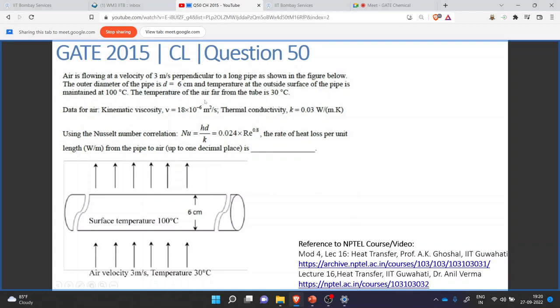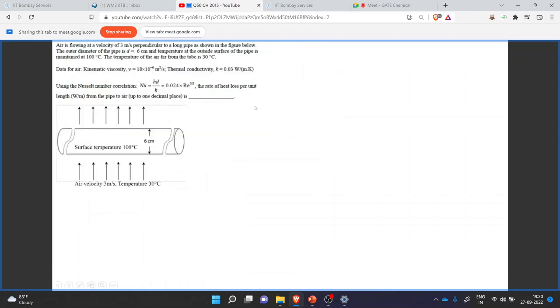The temperature of the air far from the tube is 30 degrees Celsius. We have been given data corresponding to the system, the Nusselt number correlation, and we have been asked to find the rate of heat loss per unit length from the pipe to air. Let's look at the solution.